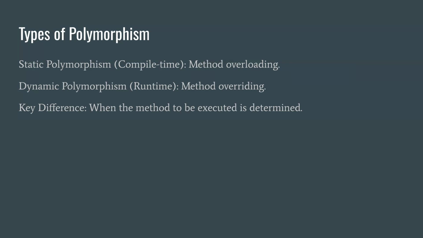Static polymorphism, which is also known as compile time polymorphism, happens through something called method overloading, and dynamic polymorphism, on the other hand, occurs through method overriding, which we see in action at runtime. The key difference lies in when the form of the object is determined, either at compile time or runtime.